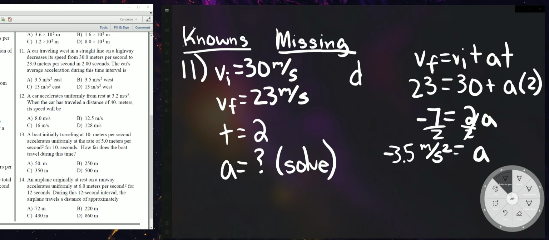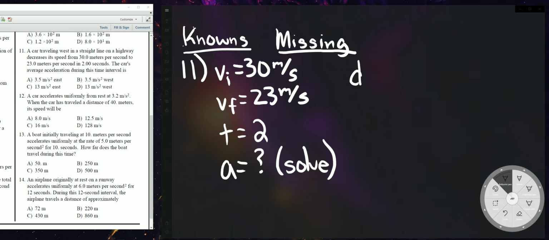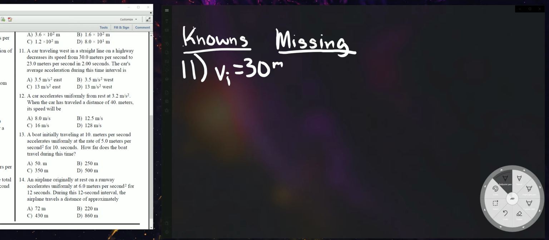So what's the opposite direction of the west? It's going to be east. So negative 3.5 in this problem can also be interpreted as 3.5 meters per second squared east. So it's going to be A. Again, the positive direction in this problem is west, as labeled as such.